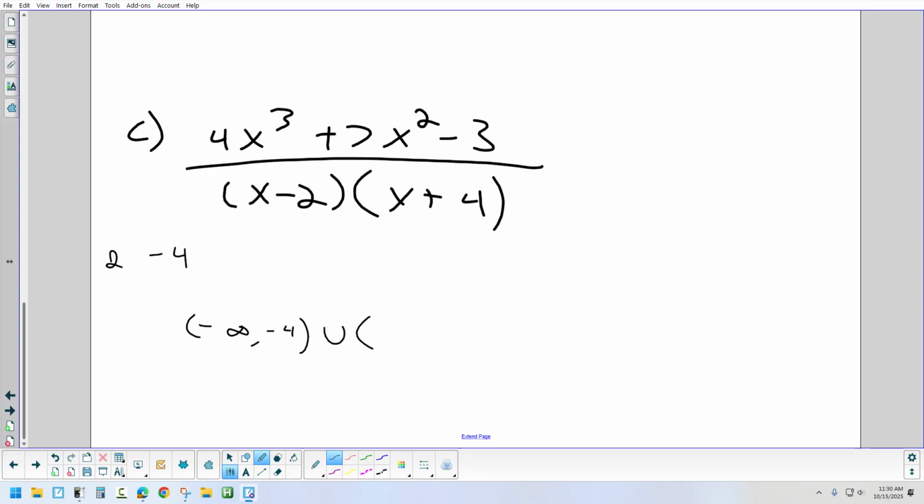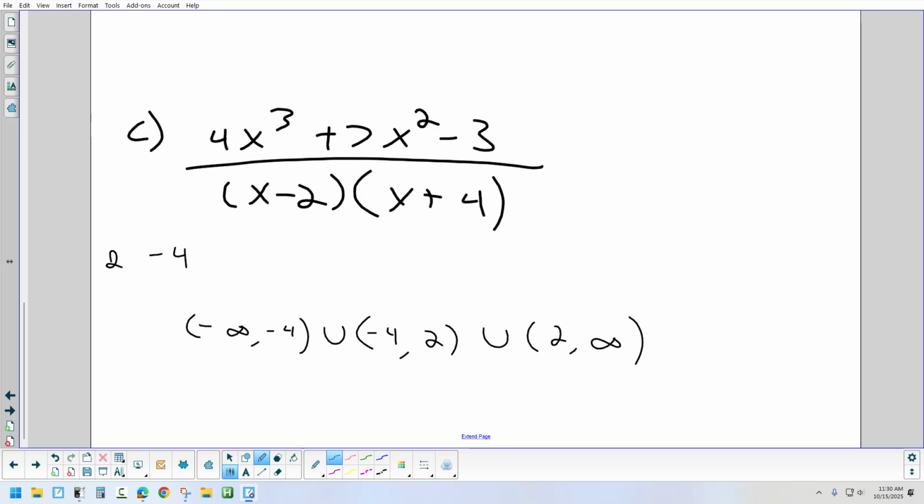-4, yep, -4, up to 2. Okay, so there's your bounded interval, that's the middle interval. And what's the unbounded interval that would be on the right? 2 to infinity.